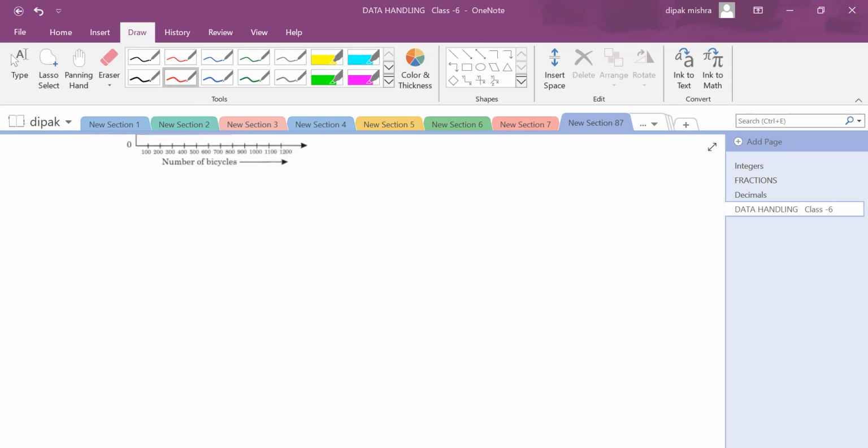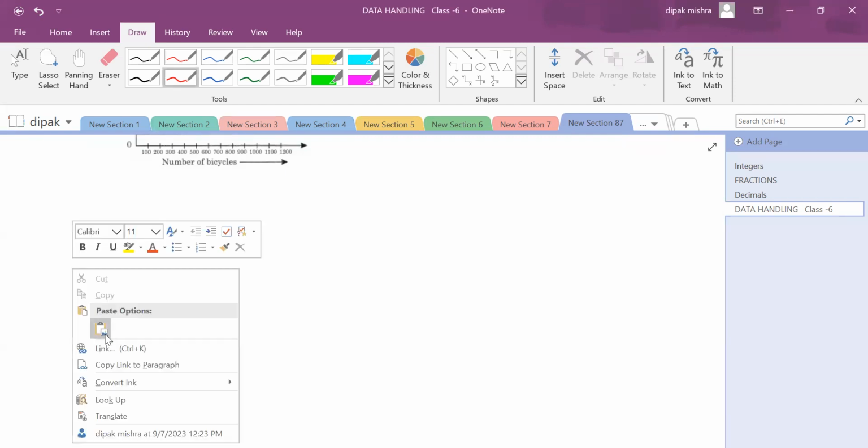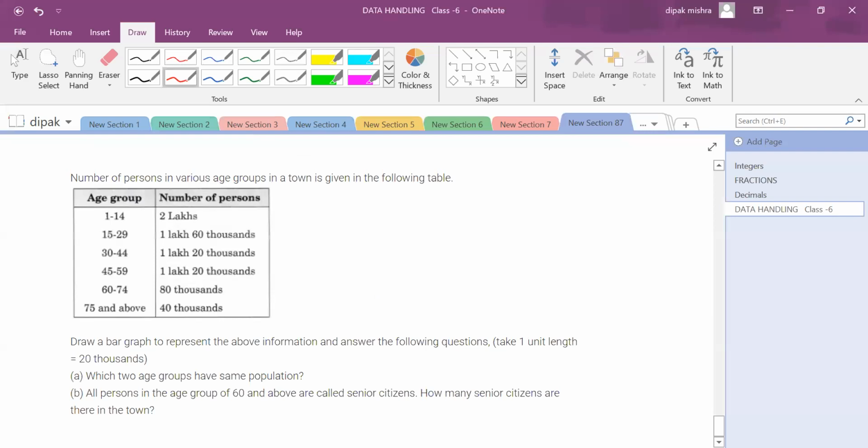If you want, I can put one more question like this. Let's discuss one more question, and let's put up the question before you. Now, see the graph properly. So I'm putting up the graph here.